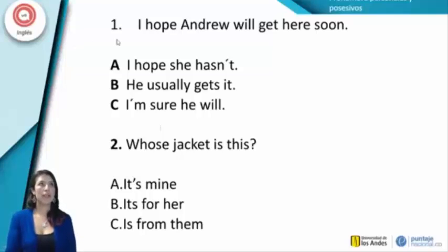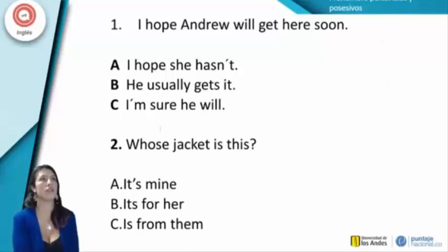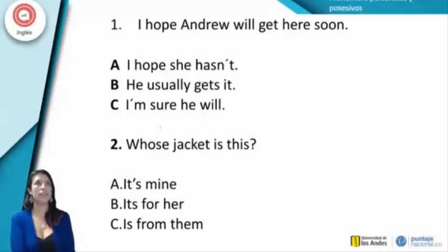What is important here is that you understand the context and who they are talking about. So, I hope Andrew will get here soon. What is the answer for that question? A, B, or C? Okay, so I said I hope Andrew will get here soon.